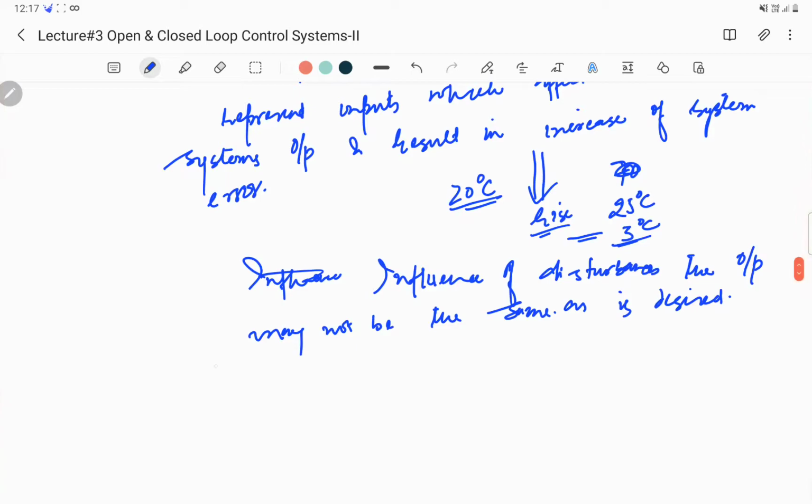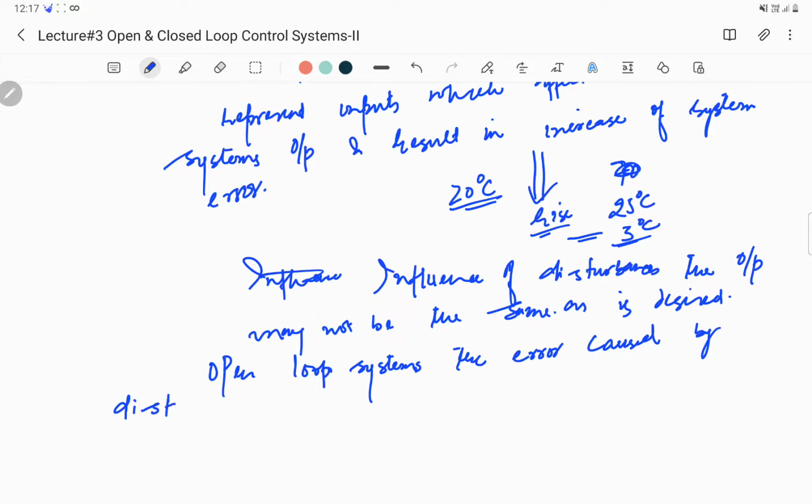So in open loop systems, the error caused by disturbances cannot be reduced or minimized.